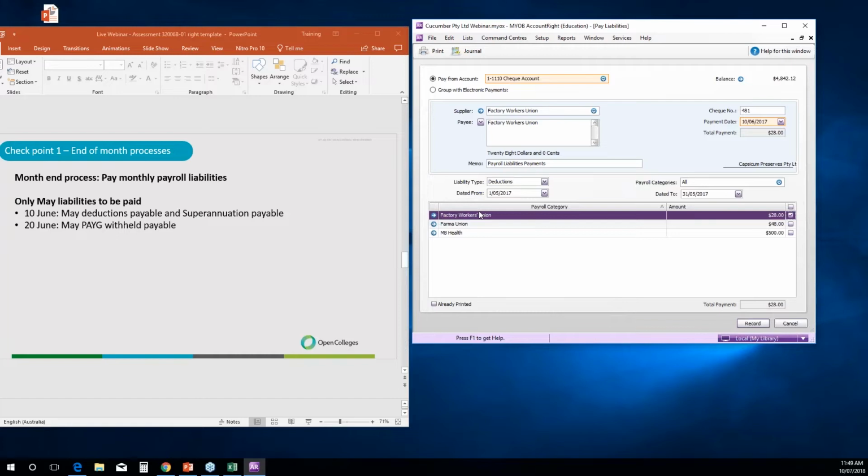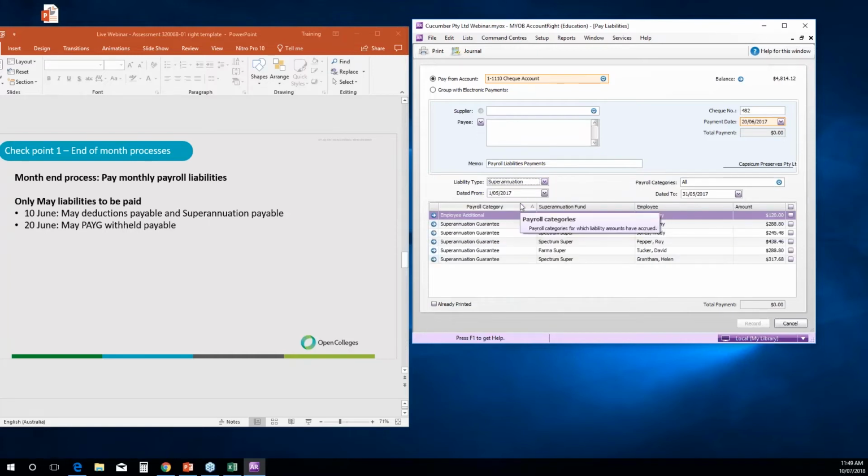I am not going to show you all of them, just one more example. Check the cheque number, and make sure you are paying with the right cheque number as per the assessment, and simply record. I will show you with the pay-as-you-go withholding, because that has a different date of payment. Now we are on 20th of June, and again, not deductions.